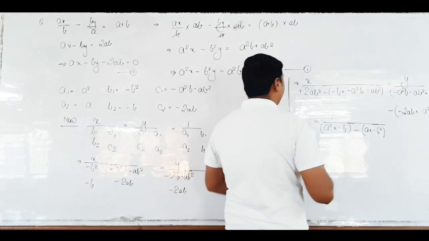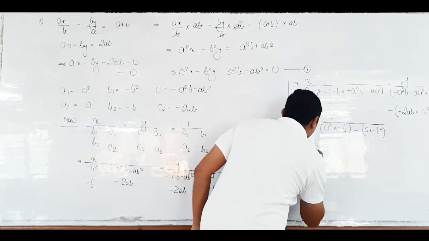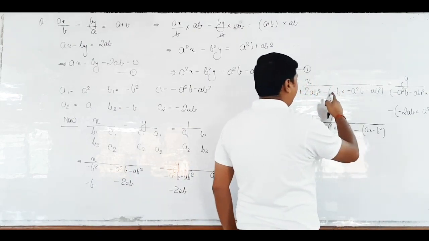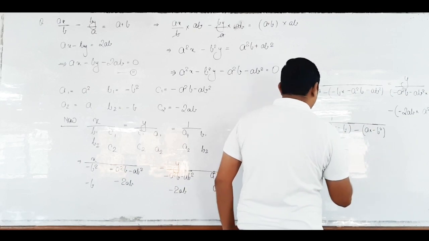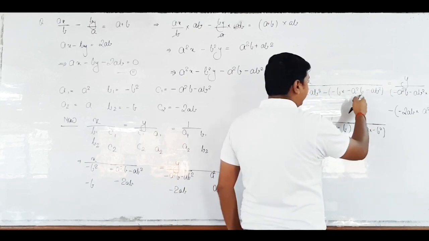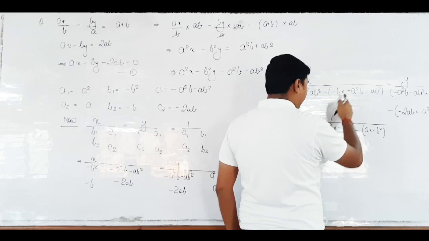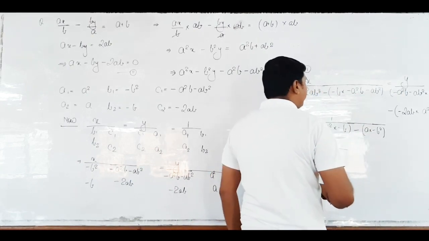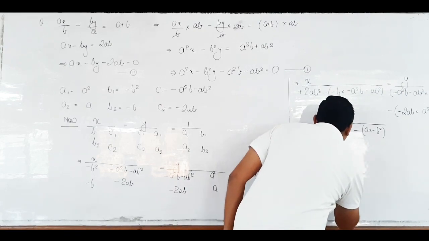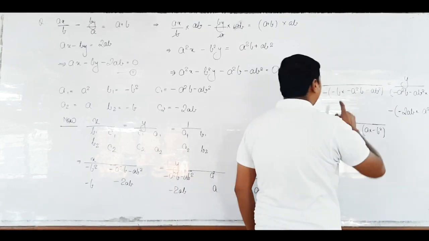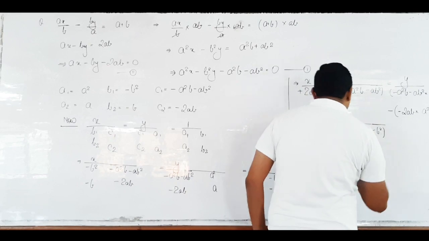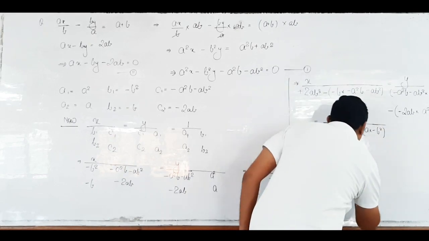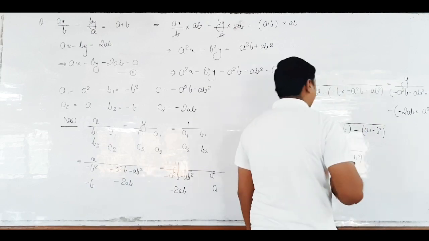X by 2ab cube. So minus into minus, we'll multiply this by this and this by this. So minus minus plus b into a square b, so it's a square b square. So minus into minus, it's plus b into ab square, so it's ab cube.